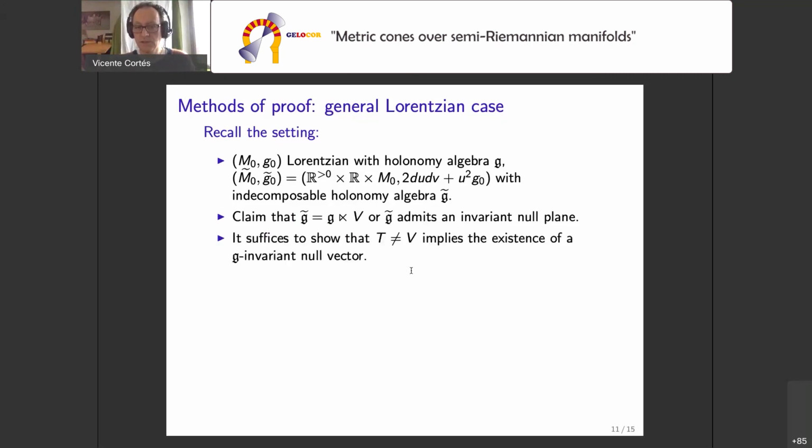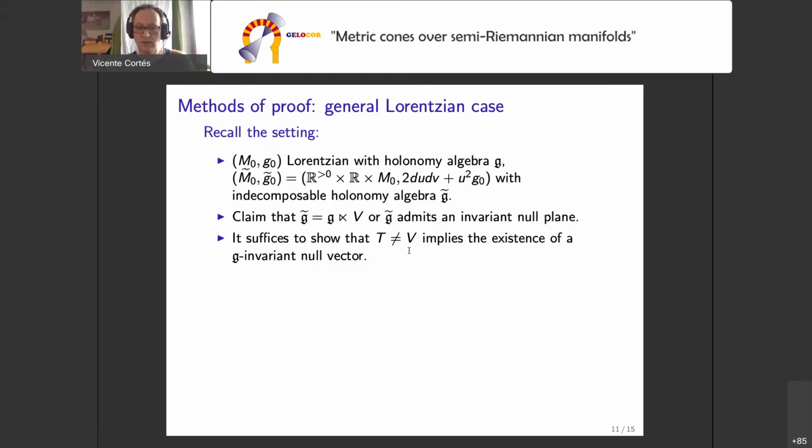In fact, it suffices to show that if T is equal to V, then we have a semi-direct product. T is the translation ideal. If it's not the case, then it suffices to show that there exists a G invariant null vector, because then this null vector gives rise to a null vector in the cone, in the metric G tilde.